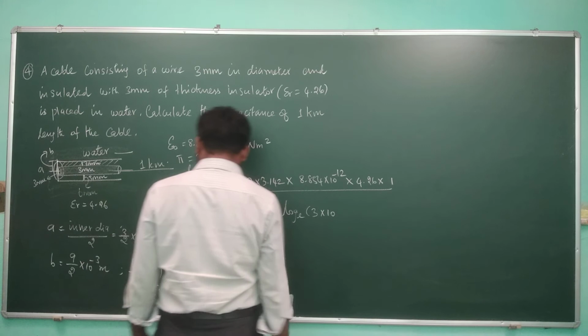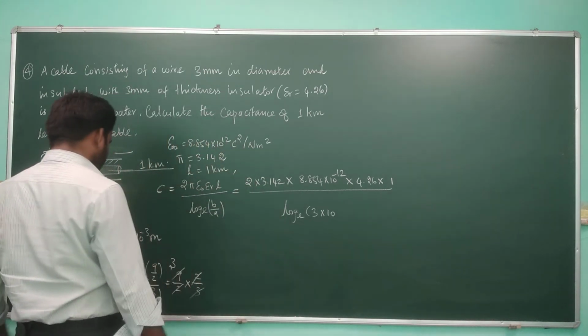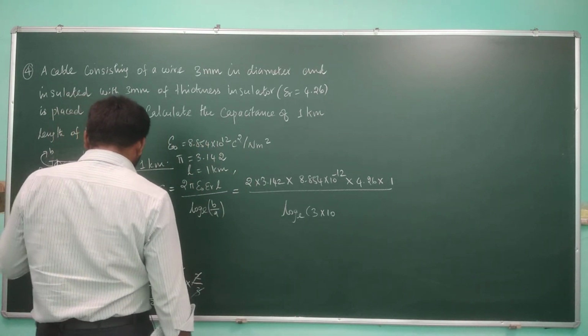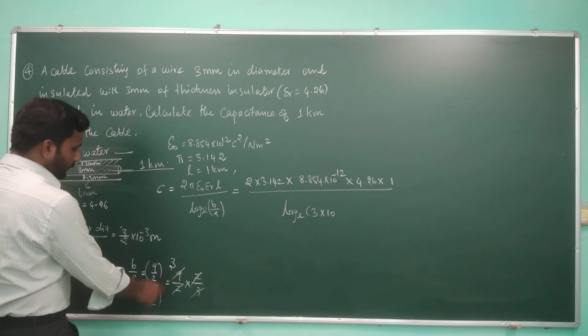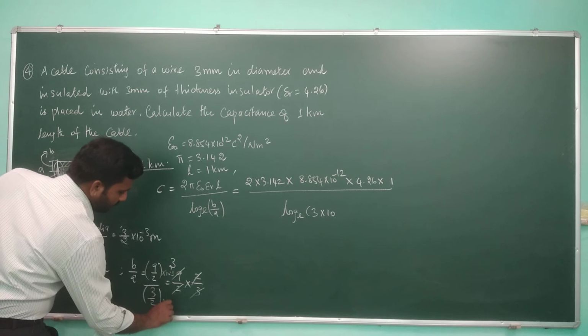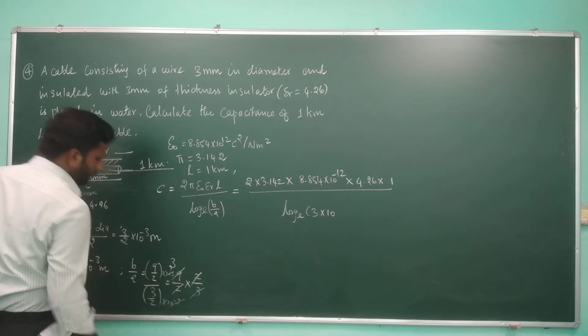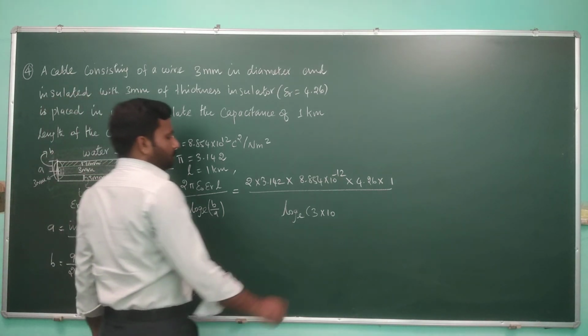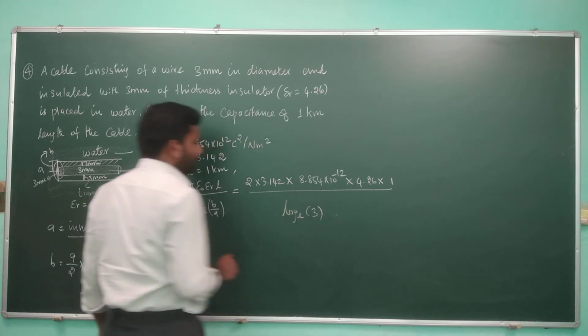The 10 power minus 3 in B and the 10 power minus 3 in A cancel out each other, so it is just log 3.